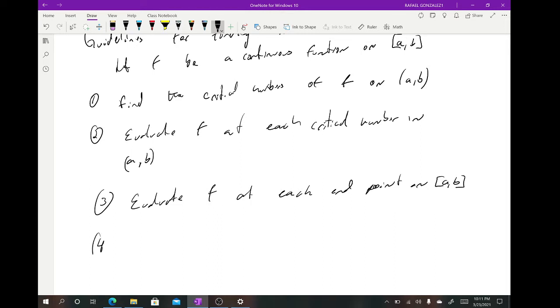And finally, you will compare the values: the least of these values is the minimum, and the greatest is the maximum.